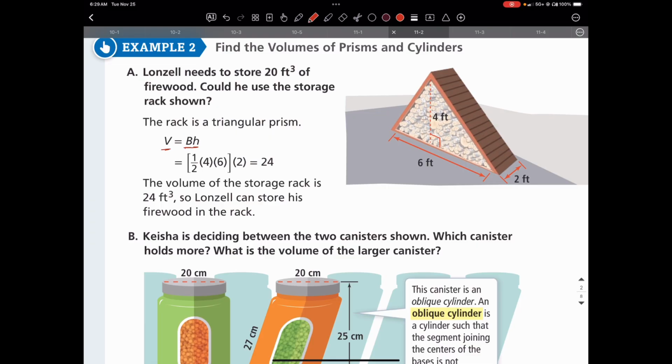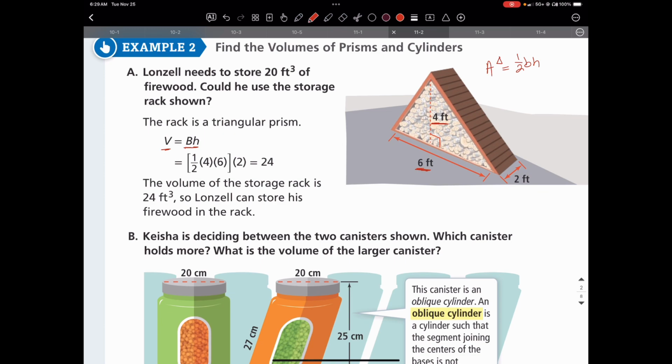But that capital B stands for the area of a triangle. The area of a triangle, you have to remember, it's 1/2 base times height, lowercase b, right? So it's 1/2. So this one would be that 6 foot by 4 foot. It's half of that. So 6 times 4 is 24. Half of that would be 12.